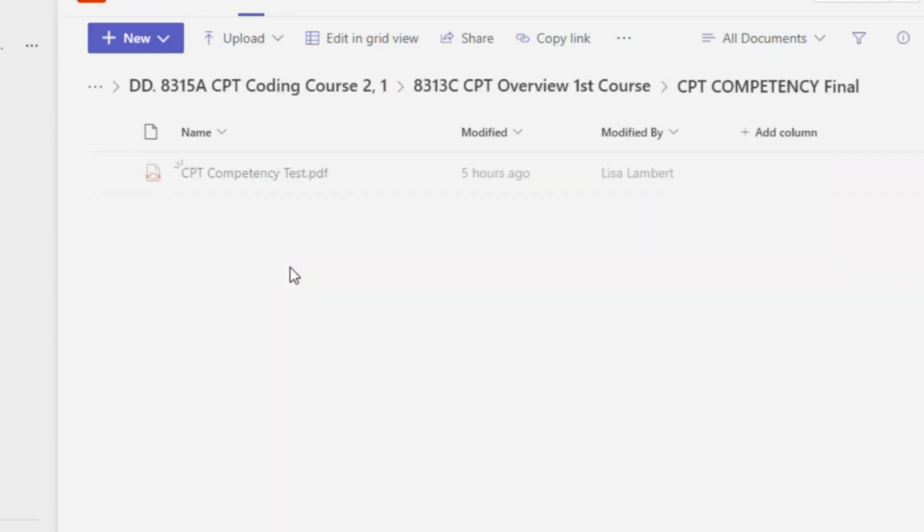When you see something that says CPT competency, or any kind of competency, the competency is done at the end because it is a long test.